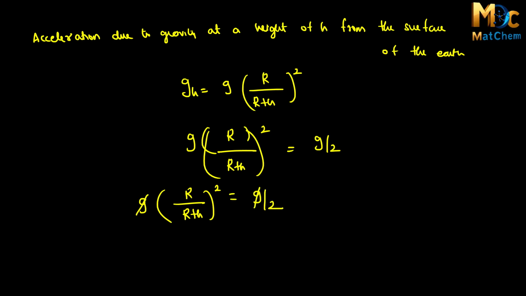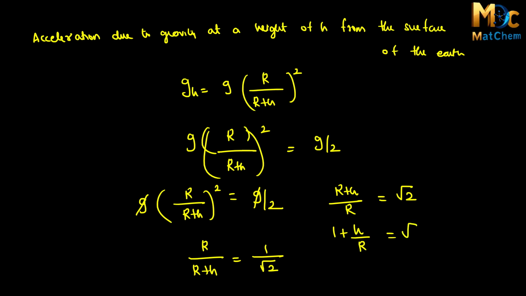If you take the square to the other side, it will become a square root. That means R upon (R plus h) is equal to 1 upon root 2. If you take the reciprocal, you will get (R plus h) upon R equal to root 2. If you divide the numerator by R, you will get 1 plus h by R is equal to root 2.